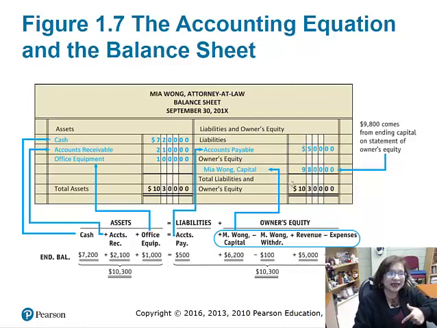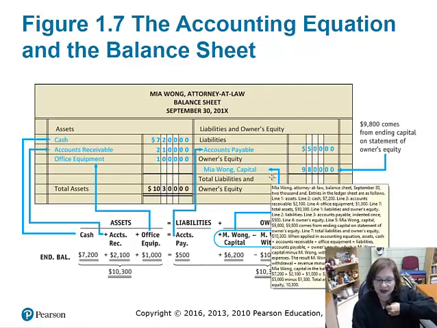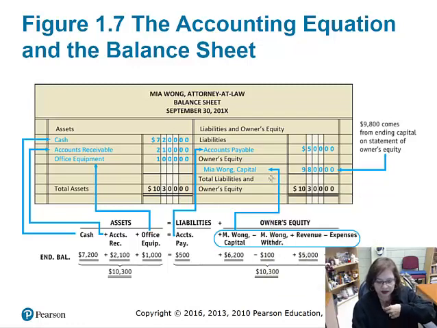Now you're bringing in the balance sheet of how much money you got at the end of the month. Her capital now, because it's increased, so that you have the total of $10,300. Notice everything balances out based on the spreadsheet or that workbook that we had for the month of September, okay?